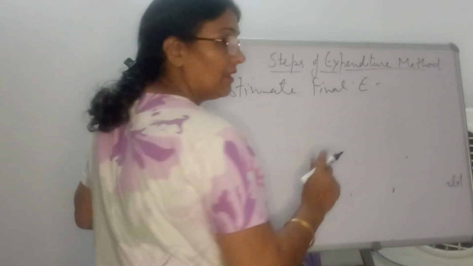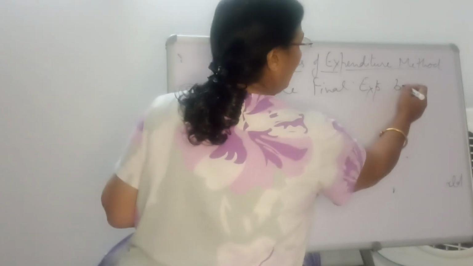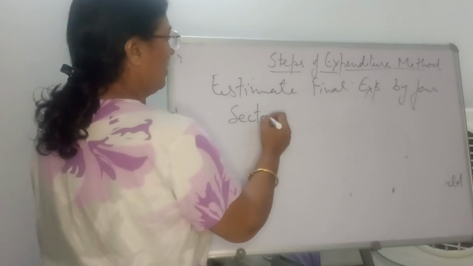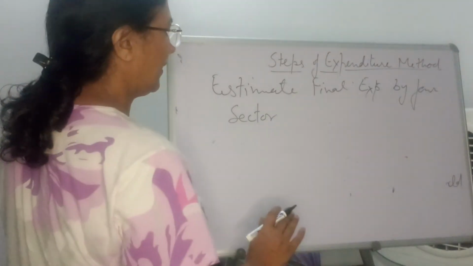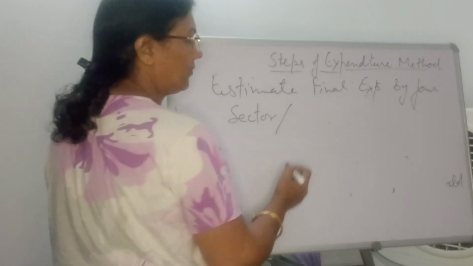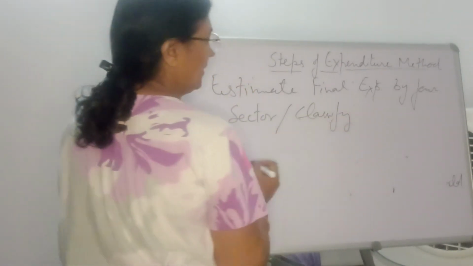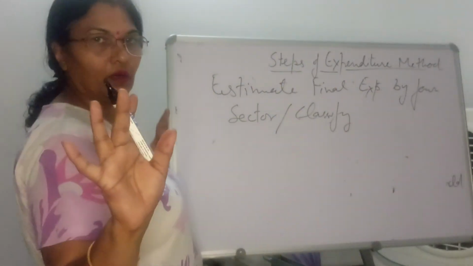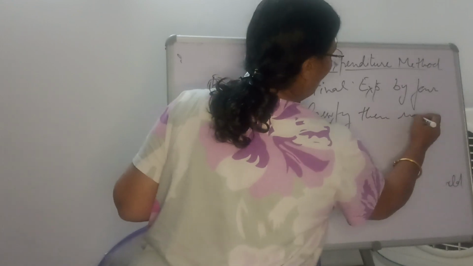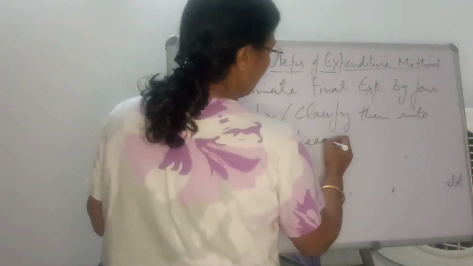Final expenditure means the expenditure on final goods and services by 4 sectors. Who are the 4 sectors? Household, government, firm and rest of the world, right? And by 4 sectors, and we have to afterward classify them into 4 subheads. Classify them into 4 heads. What are the 4 heads?